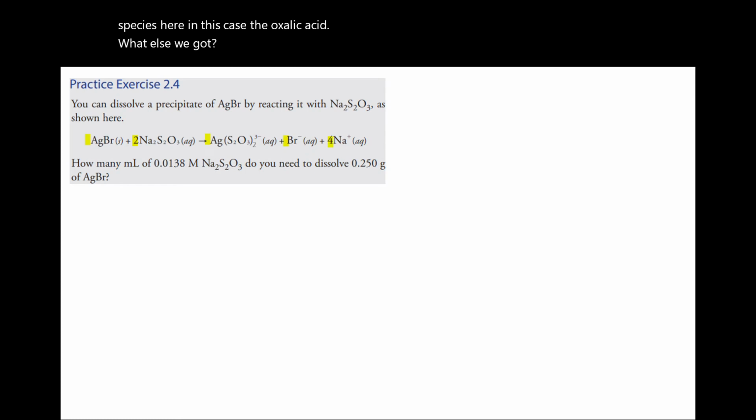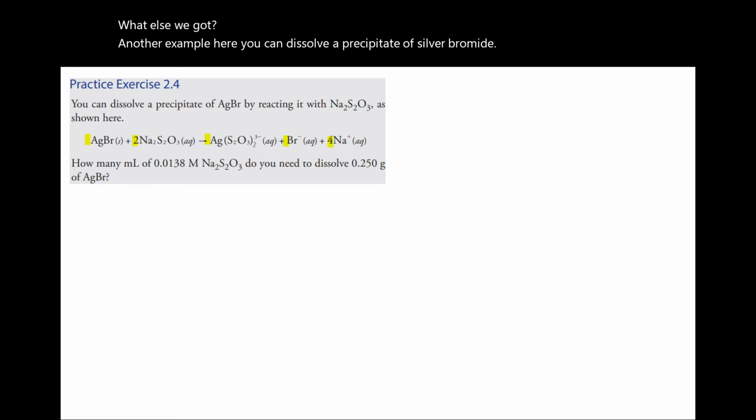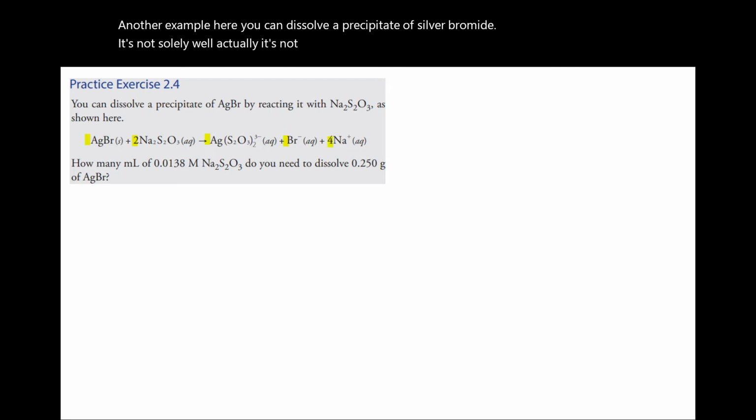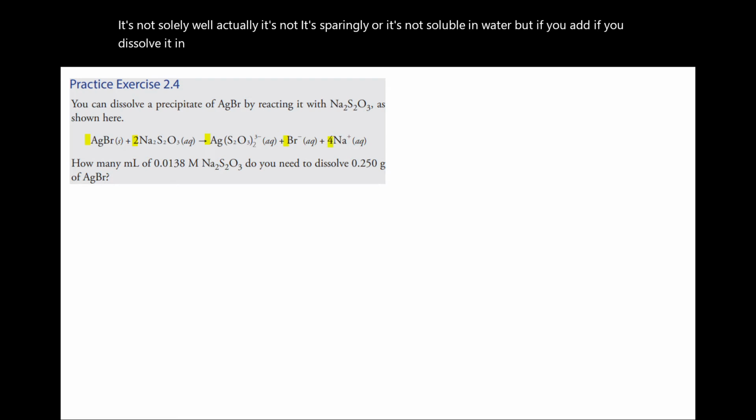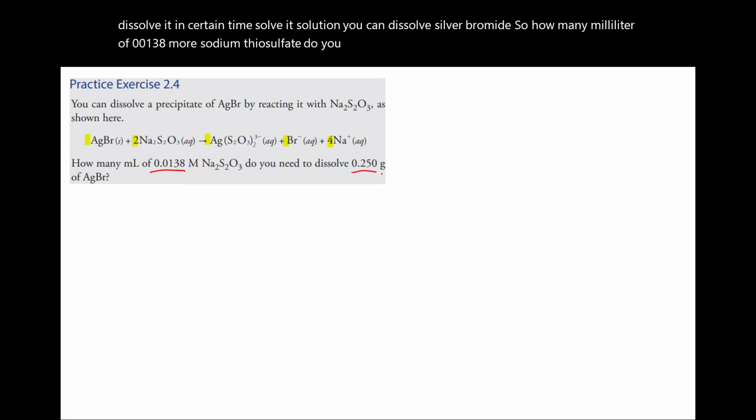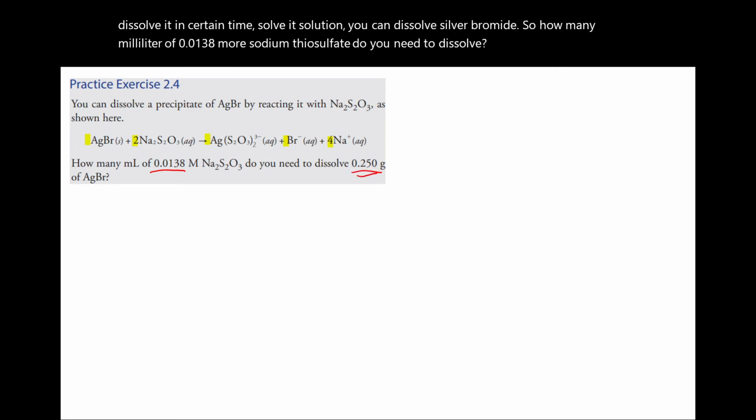What else? We have another example here. A precipitate of silver bromide is not soluble in water, or only sparingly soluble. But if you add sodium thiosulfate solution, you can dissolve the silver bromide. So how many milliliters of 0.0138 molar sodium thiosulfate do you need to dissolve 0.25 grams of silver bromide?